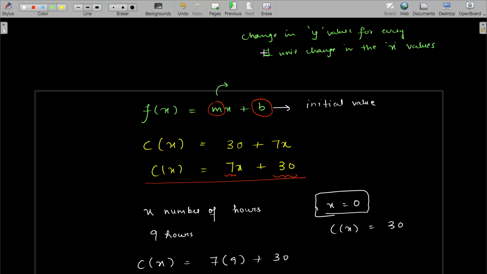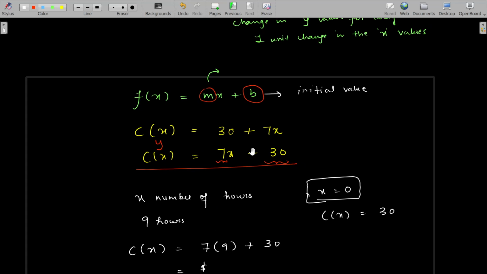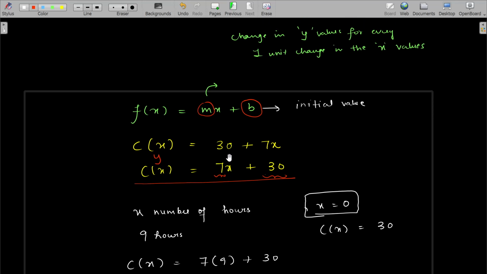So the slope represents the change in y value. Here the y value is going to be the cost, the total amount that you have to pay. So m represents the change in y values for every 1 unit change in the x value. If you keep increasing x by 1, then for 1 hour the additional amount that you have to pay is $7.